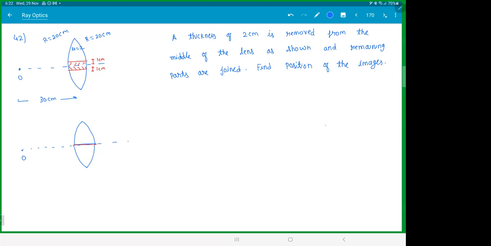Think for another 30-40 seconds, then I'll tell you what. Actually, instead of thinking what changes, tell me what doesn't change. That is a better way of asking. Focal length, ठीक है. Focal length won't change. What else?